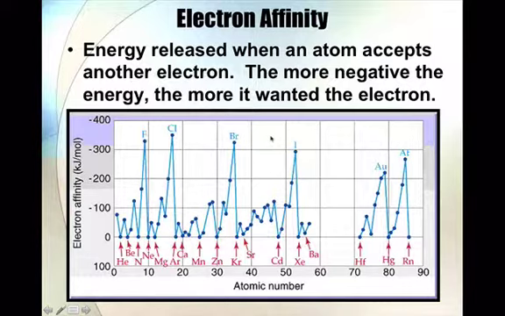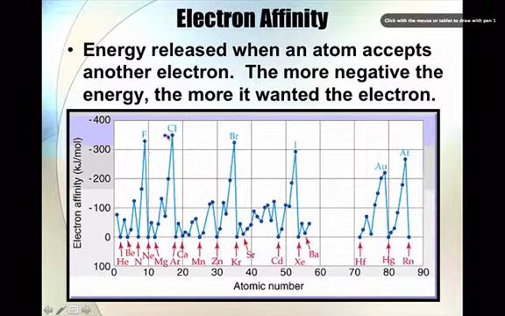It's a little different than electronegativity because electron affinity is an actual number. It's kilojoules per mole. And what it is, it's the energy released when an atom accepts another electron. The more negative the energy, the more it wanted the electron. So when we think of these atoms, like fluorine and chlorine and bromine and iodine, these are atoms that want another electron.